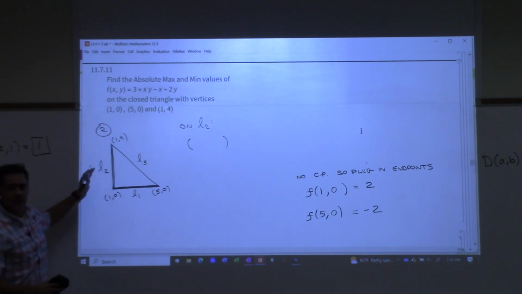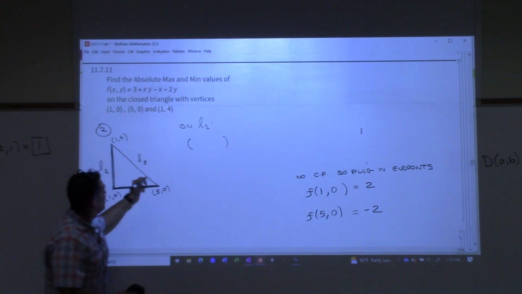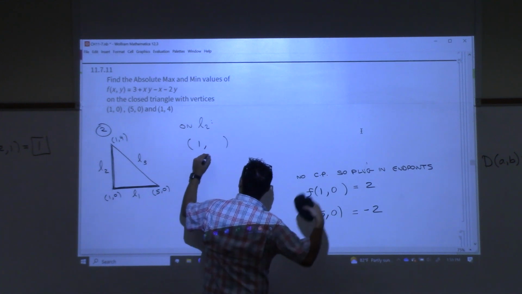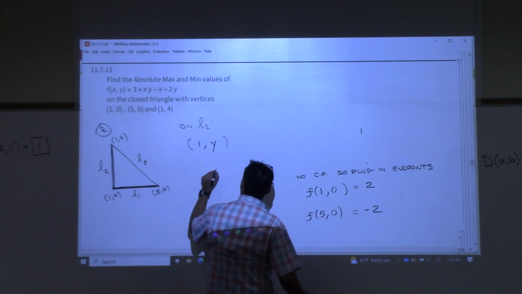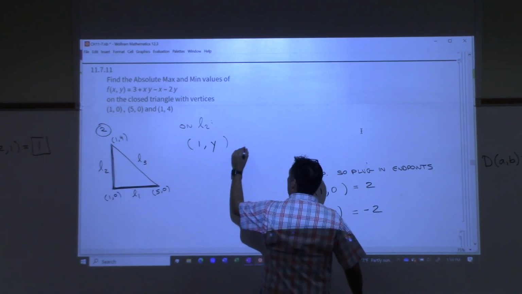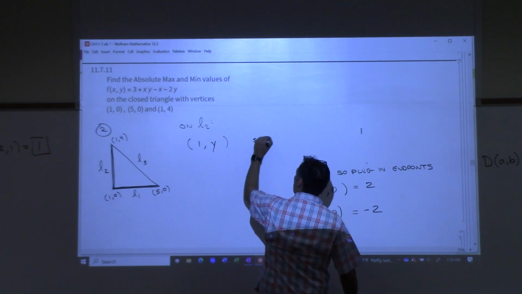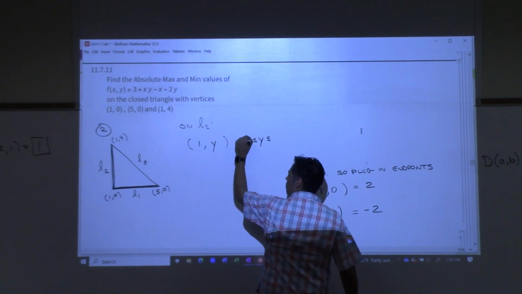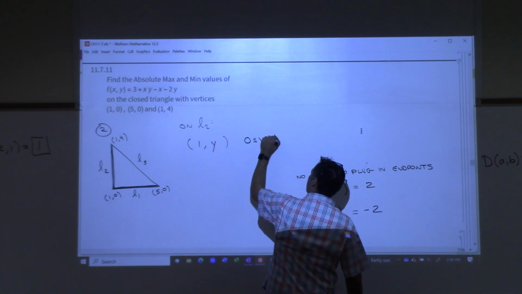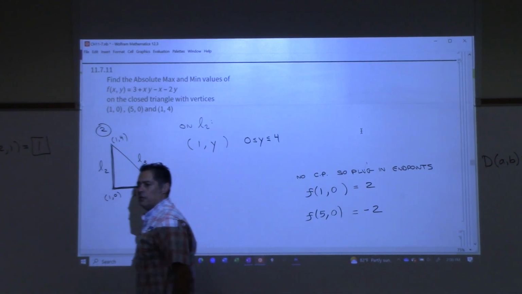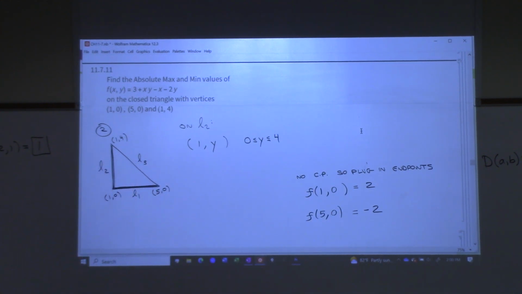So watch how I write this. The x-coordinate has to be 1, and the y-coordinate can be any value y. I'm using y, not x. And my y here has to be between 0, right, and 4. Every point on L2 must have an x-coordinate of 1 and a y-coordinate that is bounded between 0 and 4.